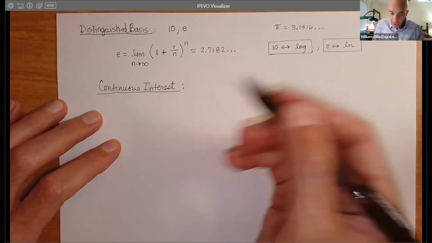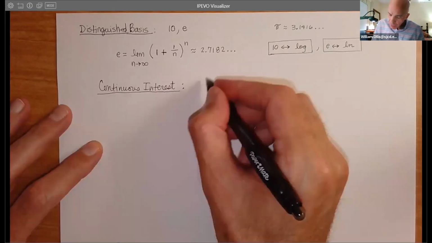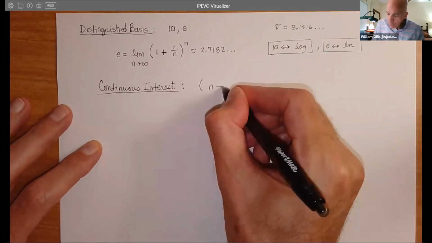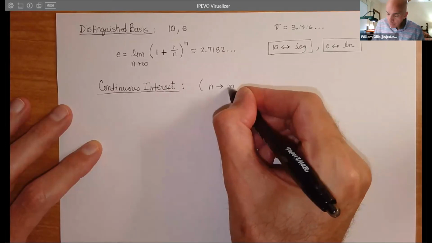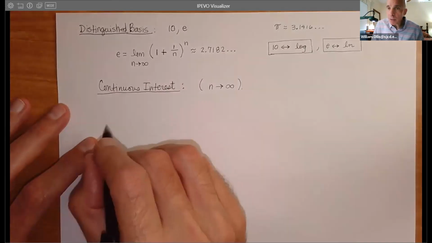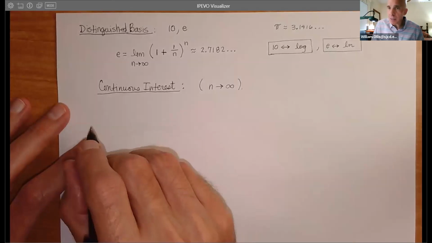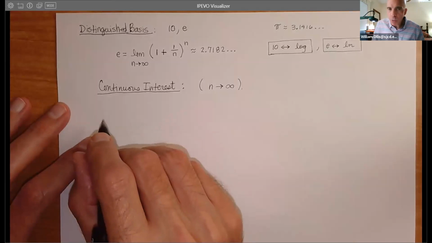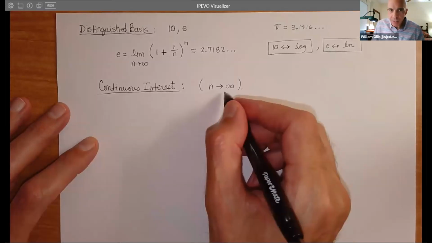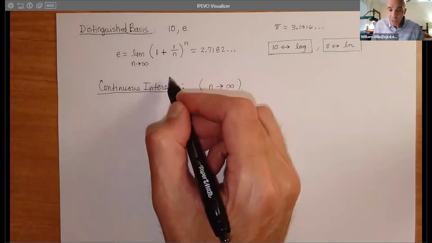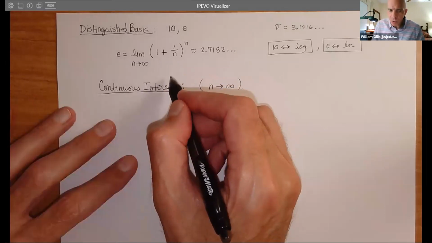So why not go ahead and do some with this? So continuous interest means that n, the number of compoundings, passes to infinity. We think of continuously compounding, not for 12 times a year, but every second of the day. But we don't get the pot of gold because of this limit here, but it does improve the interest, even though most banks don't use it.